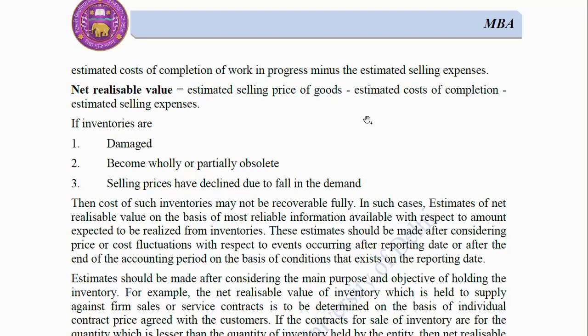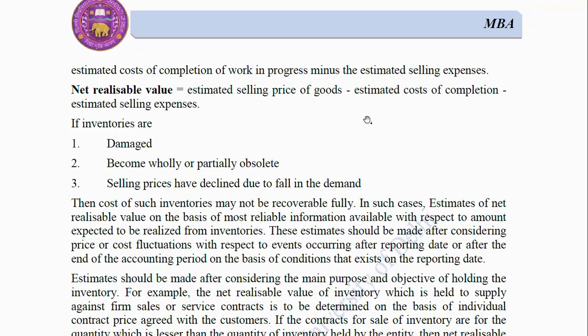Net realizable value is equal to estimated selling price of goods minus estimated cost of completion minus estimated selling expenses.